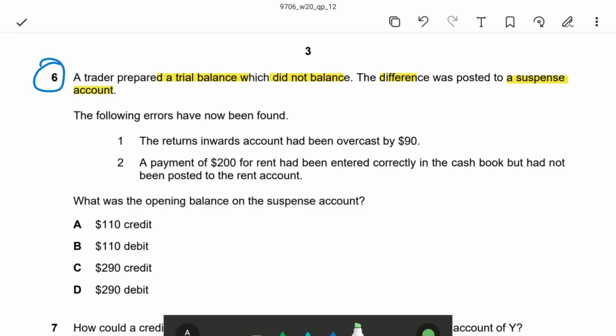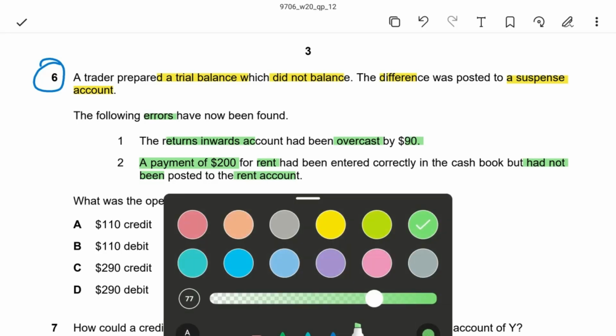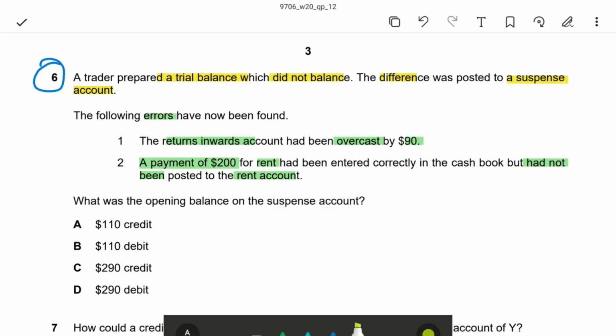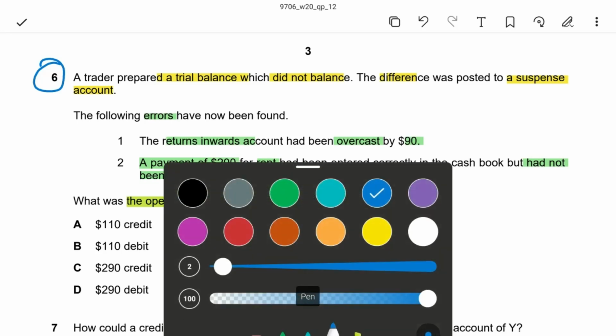The following errors have now been found: return inwards account overcast by 90, and a payment of 200 rent had not been posted to the rent account, but cash is done. The question is, what was the opening balance of the suspense account? So first we have to prepare the suspense account.